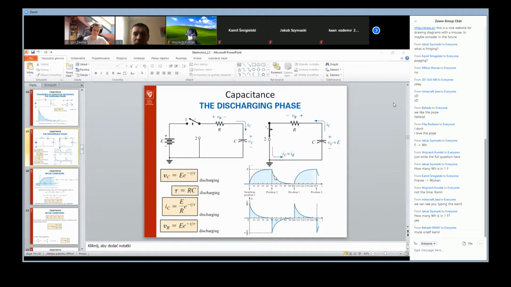The decreasing of the voltage drop on this capacitor. Why? Because the charge from the top is going to the bottom. In fact, not the positive charge is going, but the negative one is going to the positive one. However, we consider the current as opposite to the electron movement.